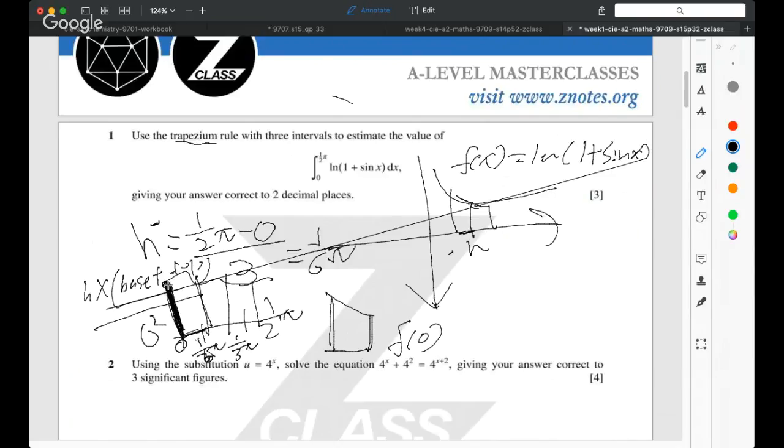The length of that edge is just f(0), when x is 0, because this is the y-axis. And the next is when x is pi over 6, and so on. You can find the length of all those edges, and for each trapezium you can calculate the area. Then you add the 3 together, and you get an estimation for this integration.